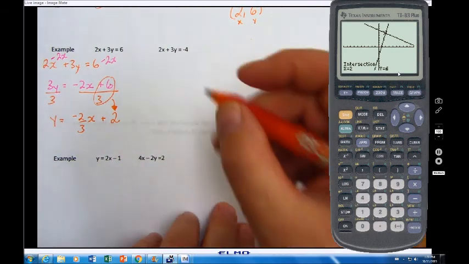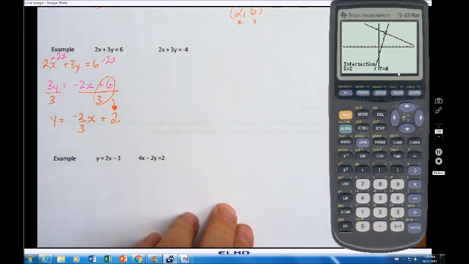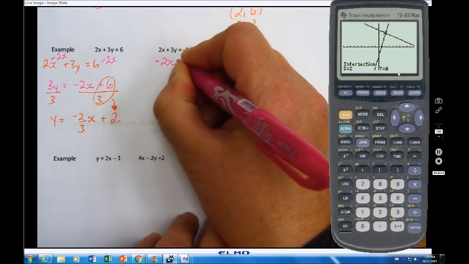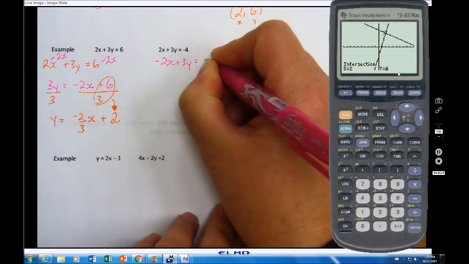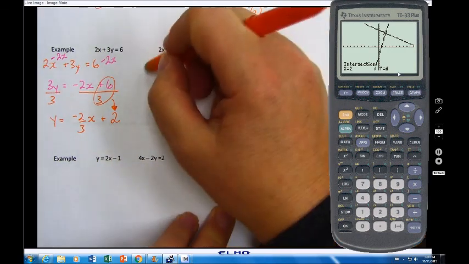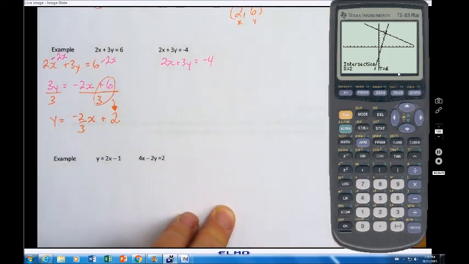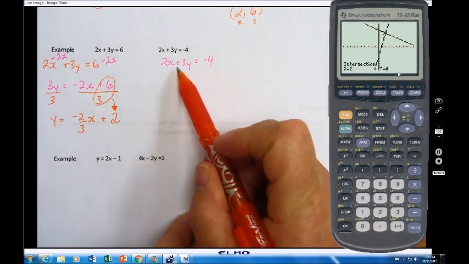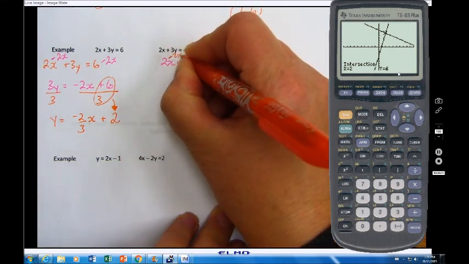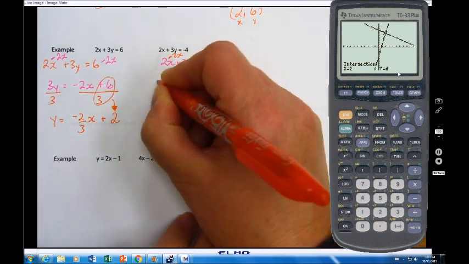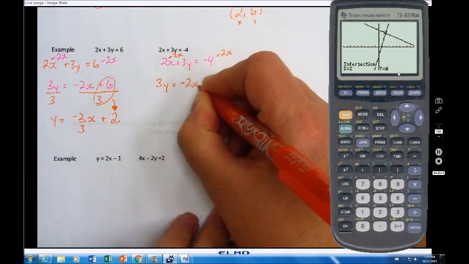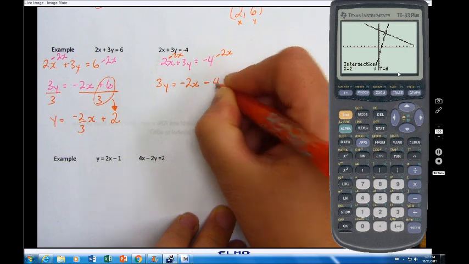And then if we do the same over here, here's our equation. So we got 2x plus 3y equals negative 4. We need to move our x, minus 2x, minus 2x. 3y equals negative 2x minus 4.